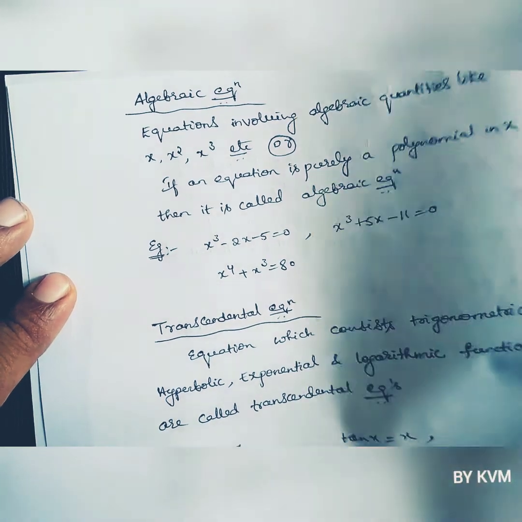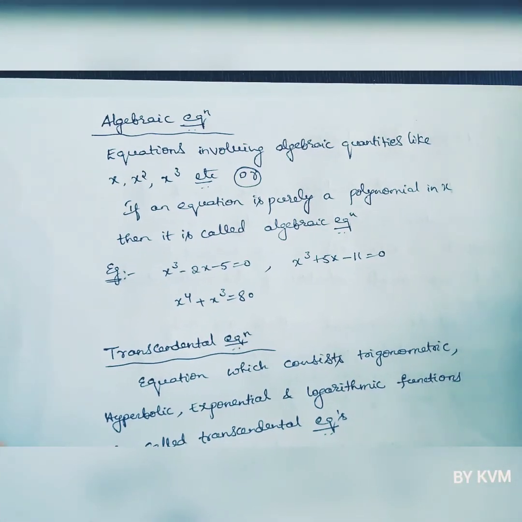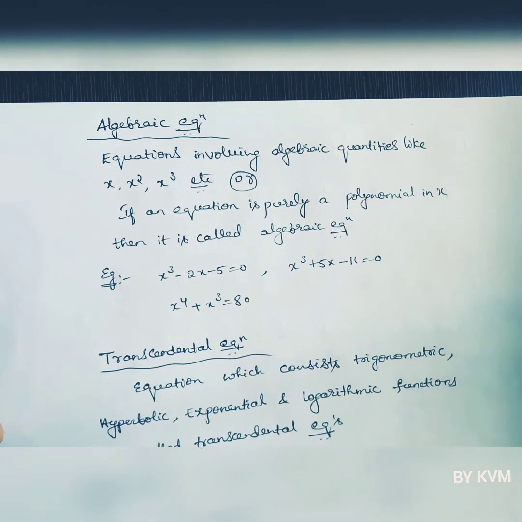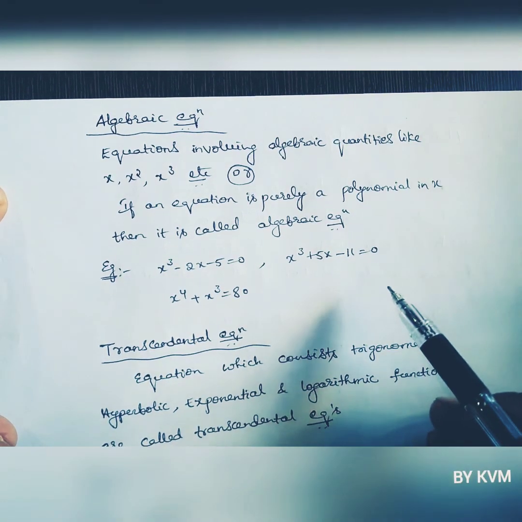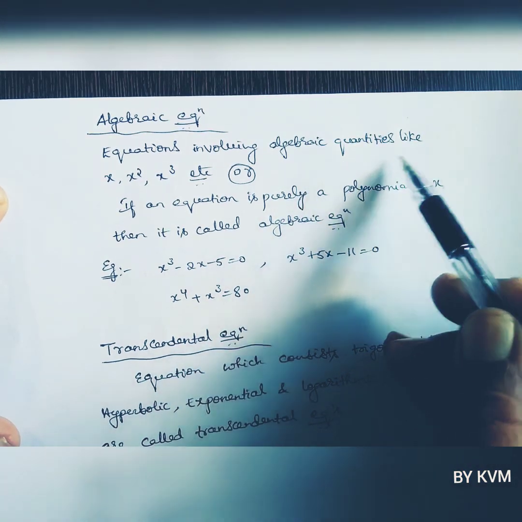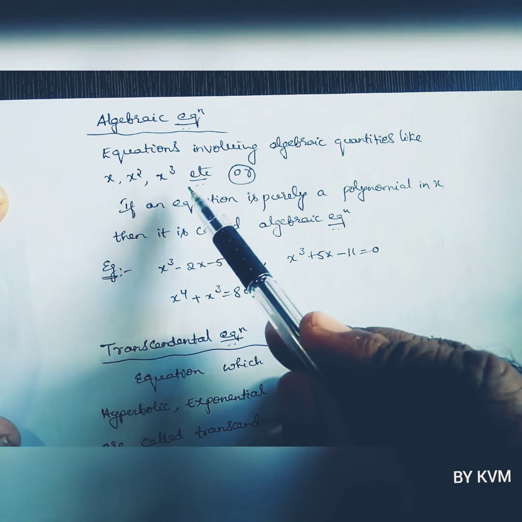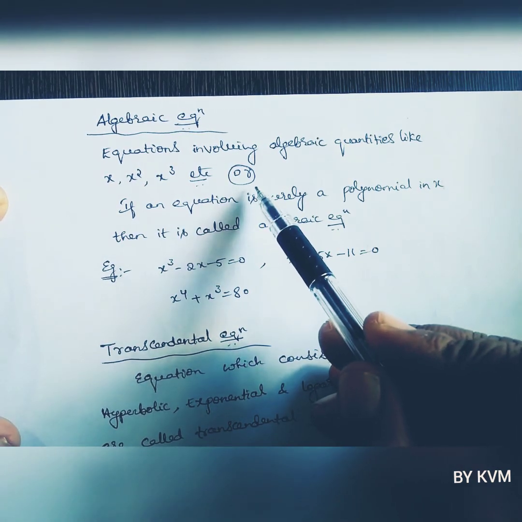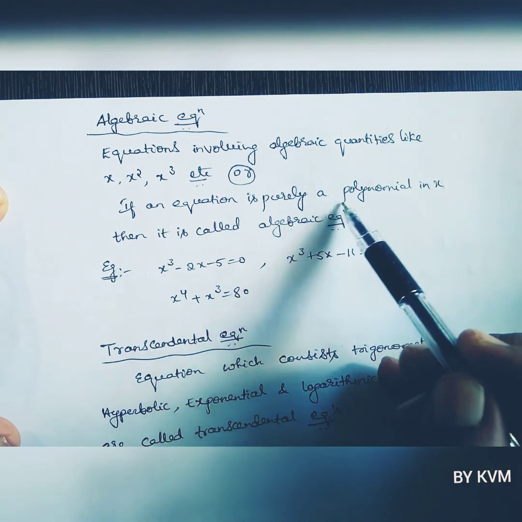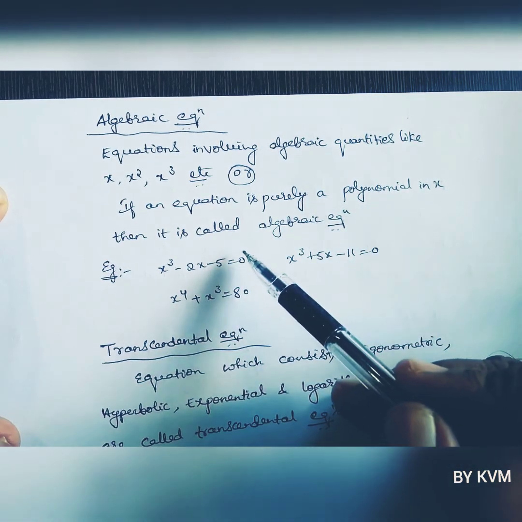So now let us see what is meant by an algebraic equation. An algebraic equation involves algebraic quantities like x, x square, x cube, etc. Or we can also say that it is an equation which is purely a polynomial in x.